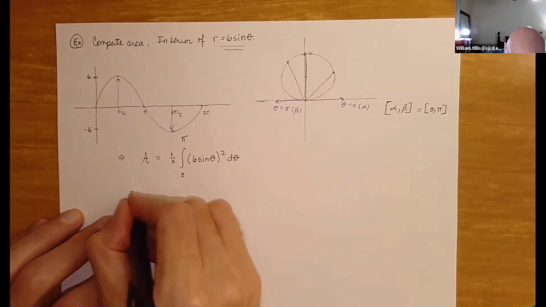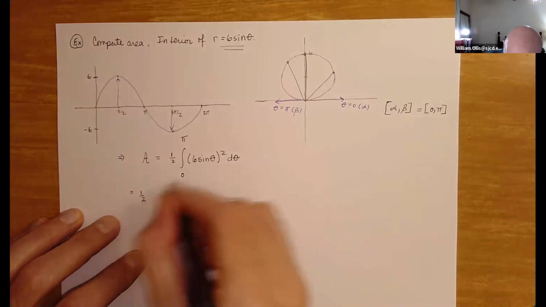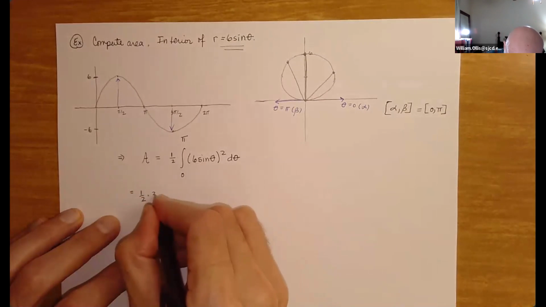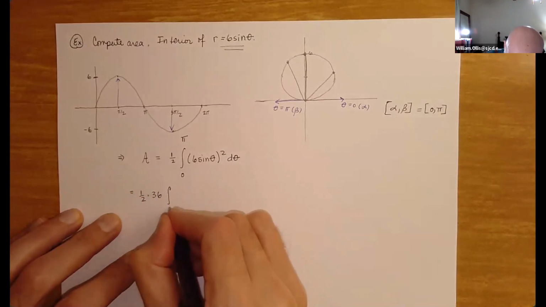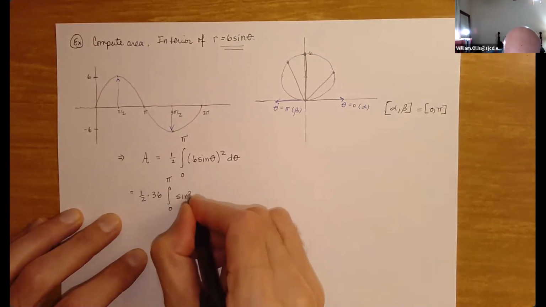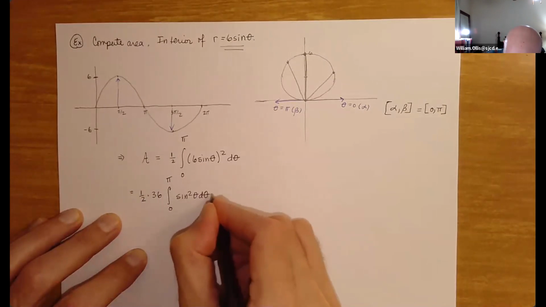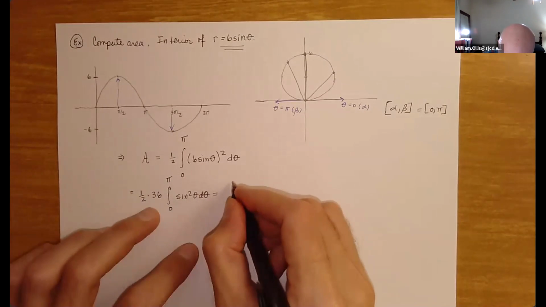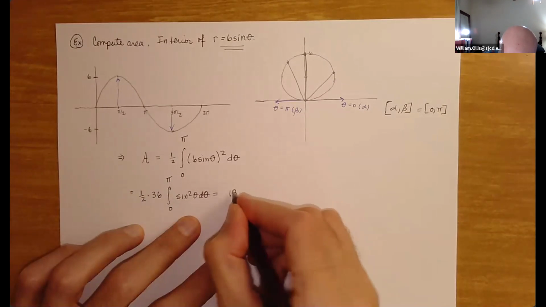So now this will give us 1/2. And then, of course, when we square, we get a 36, 0 to pi of sine squared theta d theta. Our friend from our trig integrals, right? So we've got what, 18 there.